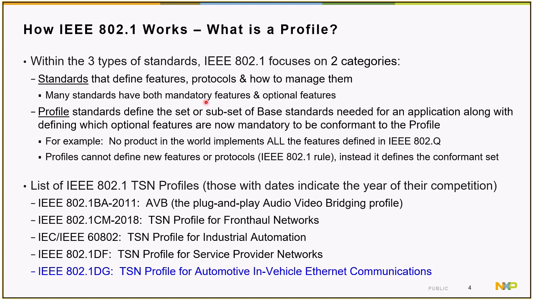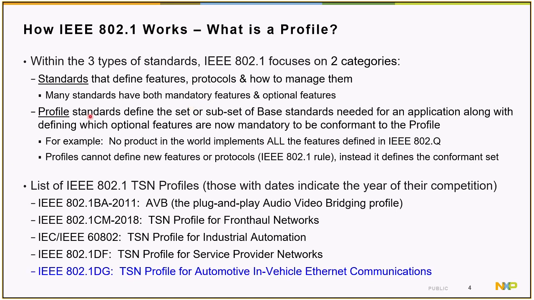Mandatory features are very important, for example for interoperability or for enhancements to the standard that are backwards compatible, which is a key goal of 802.1. So any revision of the standard mandatorily checks the revision field in the frame to make sure it knows what it is supporting.